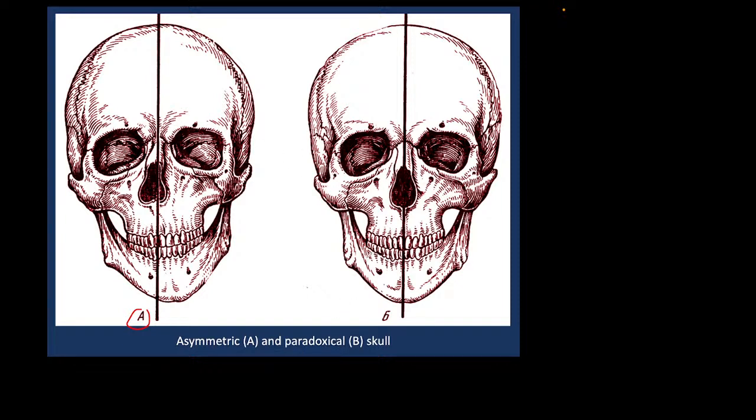Asymmetry as a process is typical for all skulls, more or less all skulls are asymmetric, but sometimes we find totally symmetric skulls, like on picture B, and that is named paradoxical.